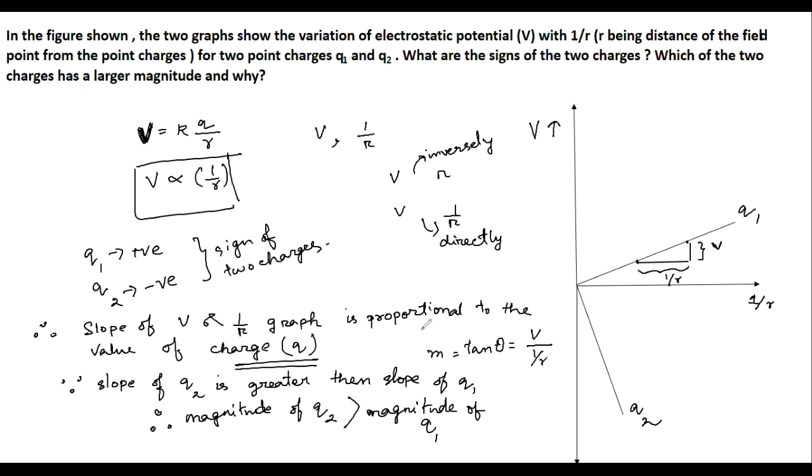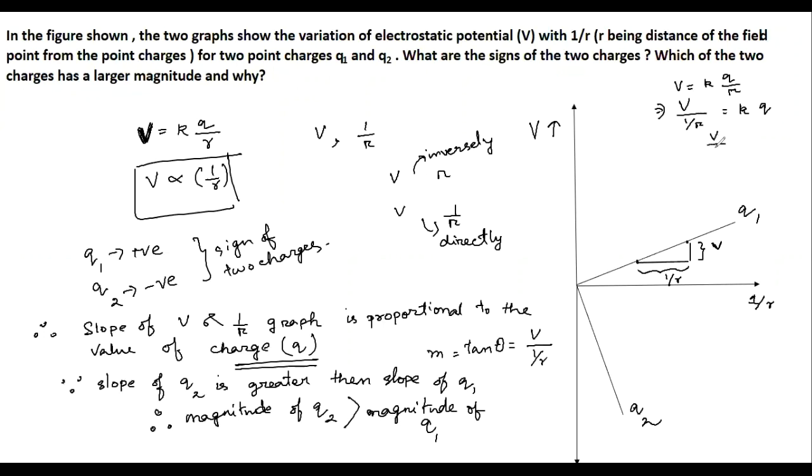Now, we said that the slope is proportional to the charge Q. If you go back to the relation V equals KQ by R and find the ratio between V and 1 by R, you will find that the ratio is KQ.